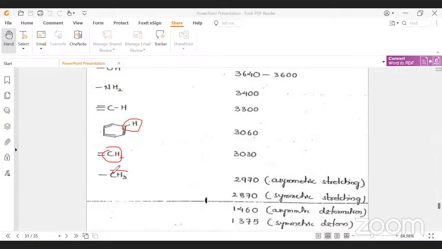For carbon with a single bond, the carbon-hydrogen bond will appear at 2970 with asymmetric stretching. If symmetric stretching is there, 2870.